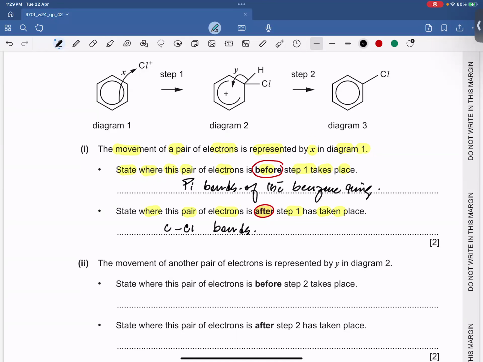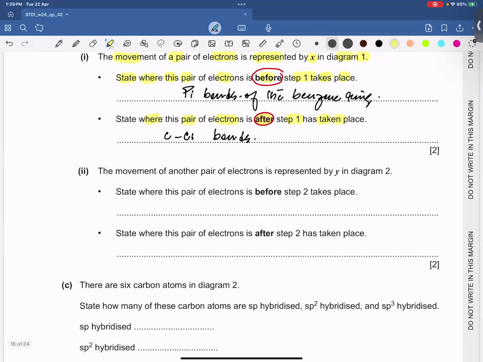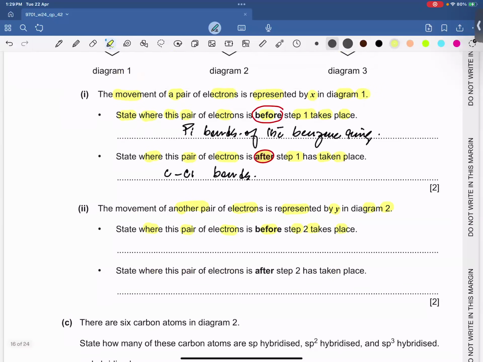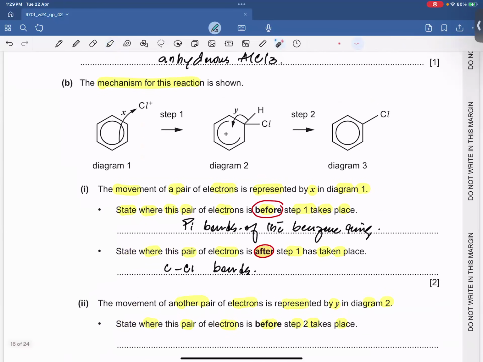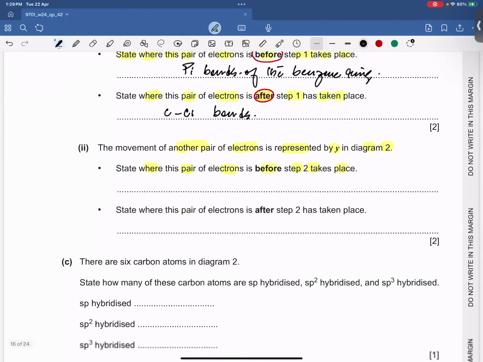Okay? The movement of another pair of electrons is represented by Y in diagram 2. State where this pair of electrons is before step 2. Before step 2, it exists between carbon and hydrogen, in the C-H bond.